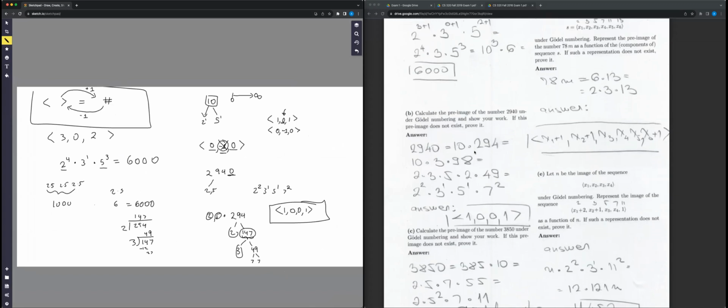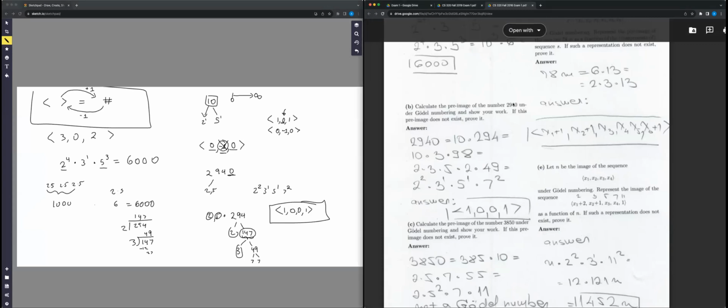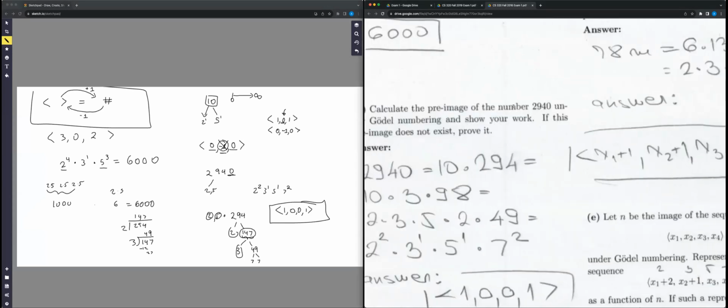But let me go back to the original question as to what are we calculating towards. When you're given an integer and you're asked to calculate the sequence, you need to figure out its prime factorization. From the prime factorization, you can create the sequence if it doesn't skip any primes.